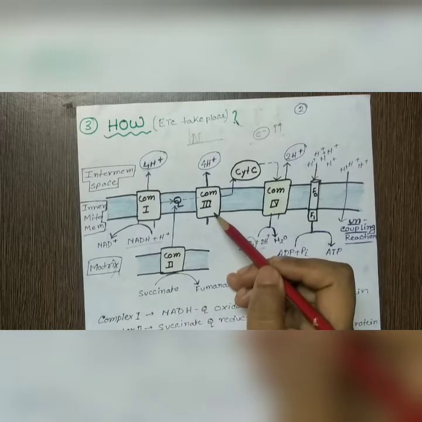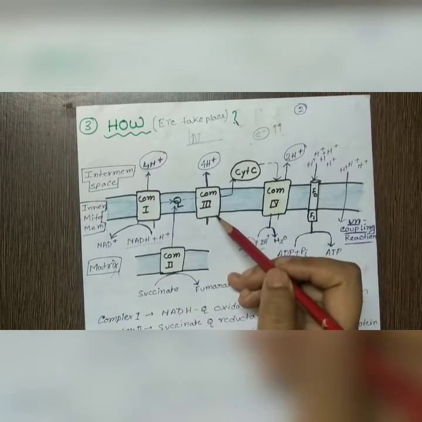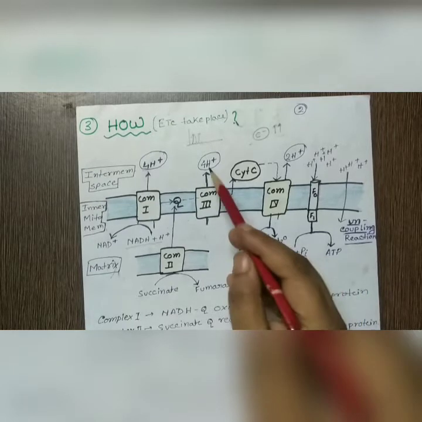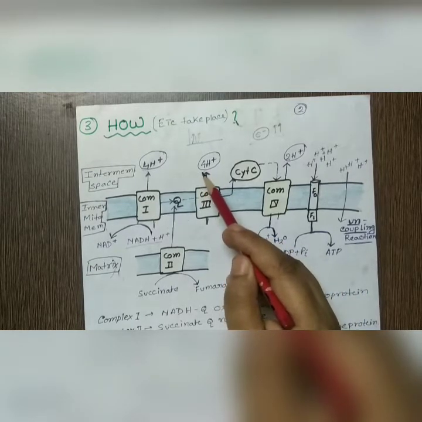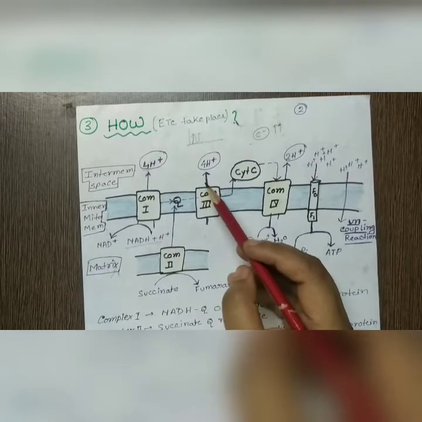Now what it does is come back to its stabilized format and release an extra amount of energy. This extra amount of energy extracts 4 hydrogen, meaning 4 protons, from the matrix to the intermembrane space.